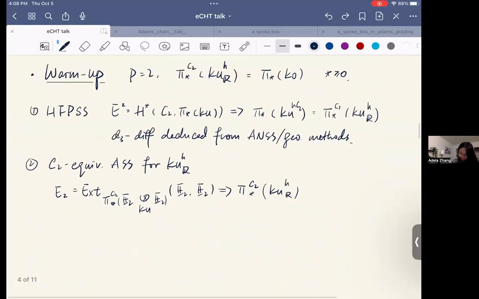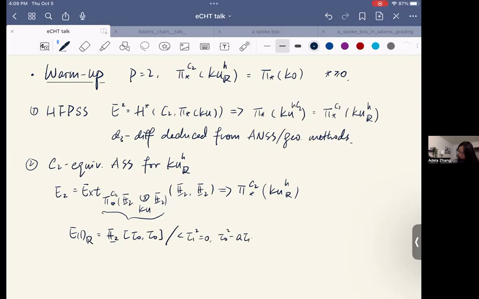This thing here is a Hopf algebroid. It has another name, E1R. It's a pretty small Hopf algebroid given by F2 underline adjoining polynomial generators tau 0 and tau 1, subject to the relation that tau 1 squared is 0 and tau 0 squared minus 8 tau 1 is 0.